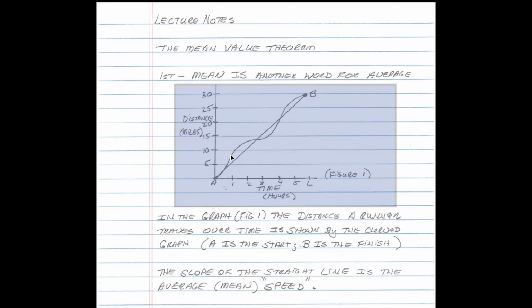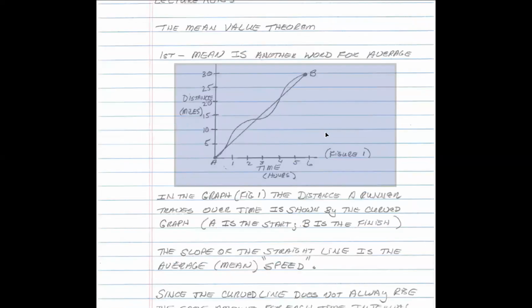Now, anywhere along here, if we drew a tangent to the curve, this is the speed curve, that would give you the speed the runner is going at that particular instant. Okay. Now, what does the mean value theorem say? Well, basically, if this runner ran at an average of 5 miles per hour, it would seem to reason that somewhere along the way he was running at that instant 5 miles per hour.